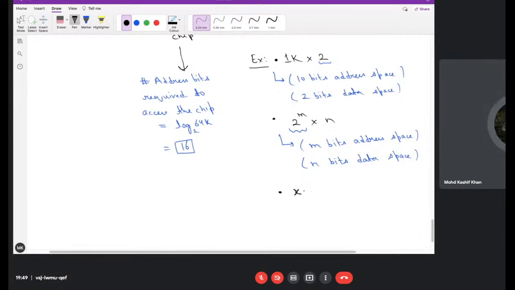Suppose it is given like this, x cross y. The configuration is like this, x cross y. Then we know to get the address space we have to take log of this.